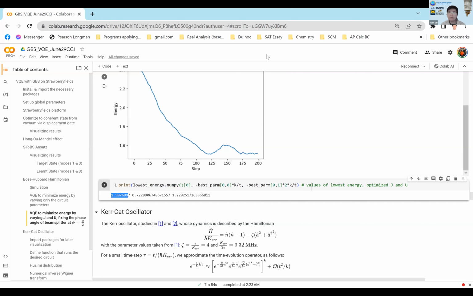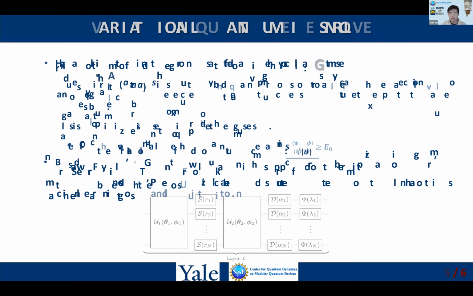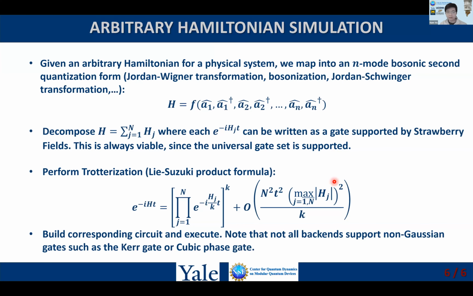That's most of the demonstration that I want to show you on how to implement things on Strawberry Fields. So now I'm going to finally present a scheme: if you have a Hamiltonian that you want to simulate, then the main steps to simulate that on Strawberry Fields, or on any bosonic platform, would be first to map it into an N-mode bosonic second quantization form.